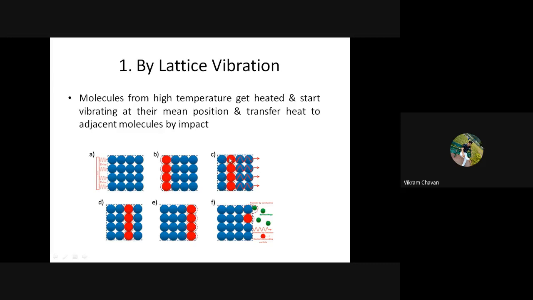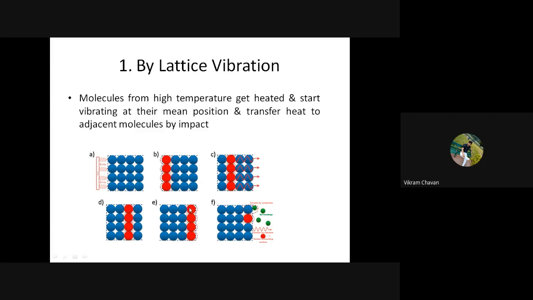In the same manner, the heat transfers from this molecule to this molecule. In figure C, you can see that the heat is transferred to the second column of molecules. Similarly, once the second column molecules get heated, they start vibrating at their mean position and collide with the adjacent molecules, and this phenomenon continues up to the end of the substance. In figure D, the heat is transferred to column number 3.